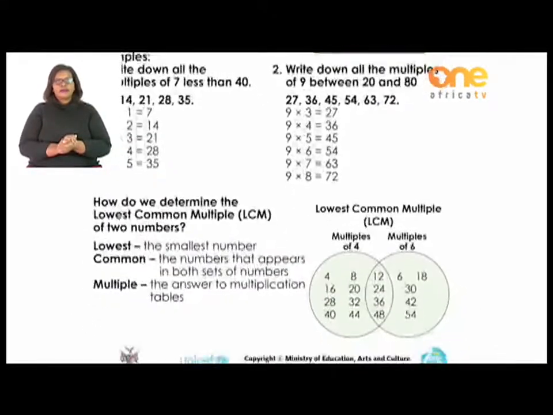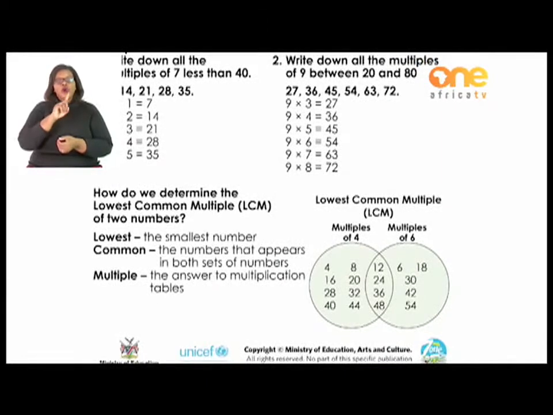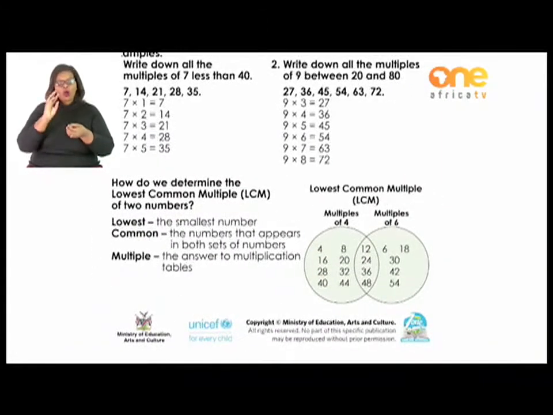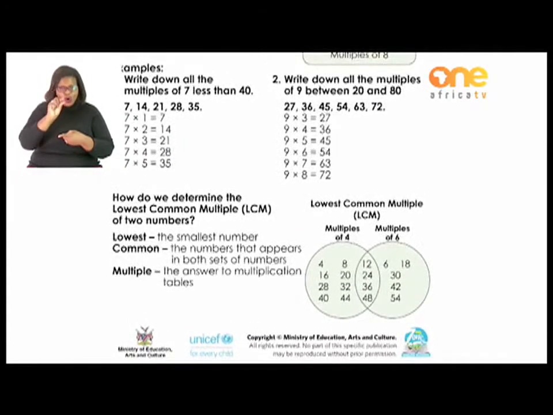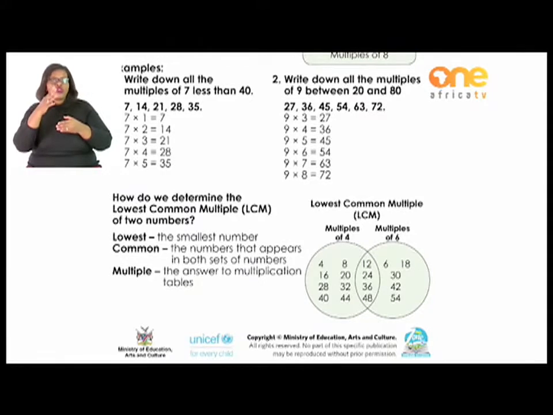If you are asked to write down all the multiples of 7 less than 40: 7, 14, 21, 28, and 35.